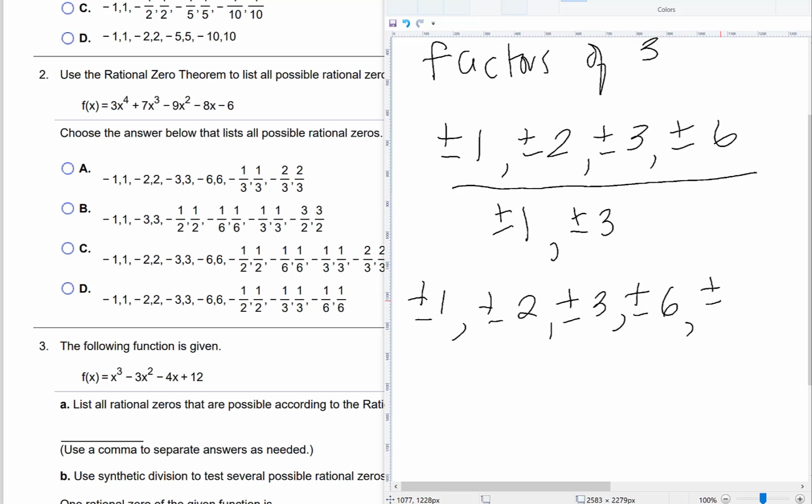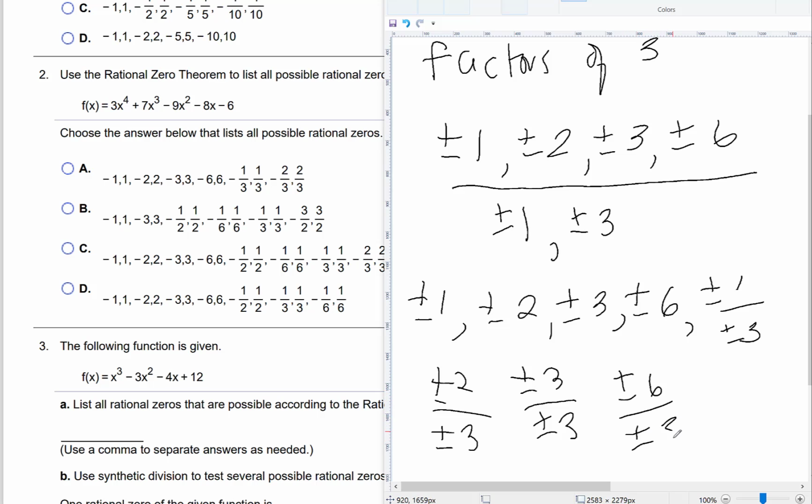So plus or minus 1 over 3, plus or minus 2 over 3, plus or minus 3 over 3, and plus or minus 6 over 3.